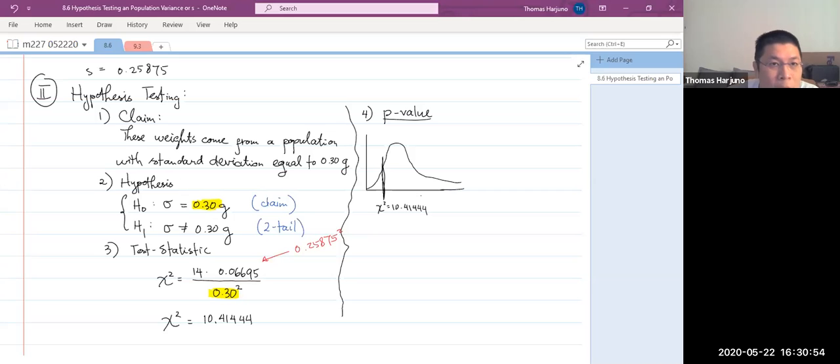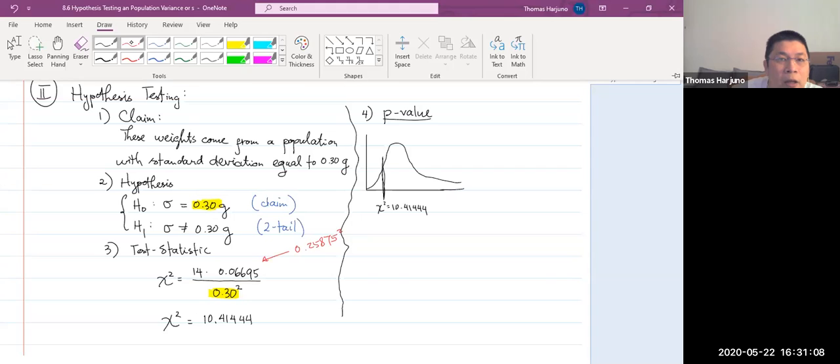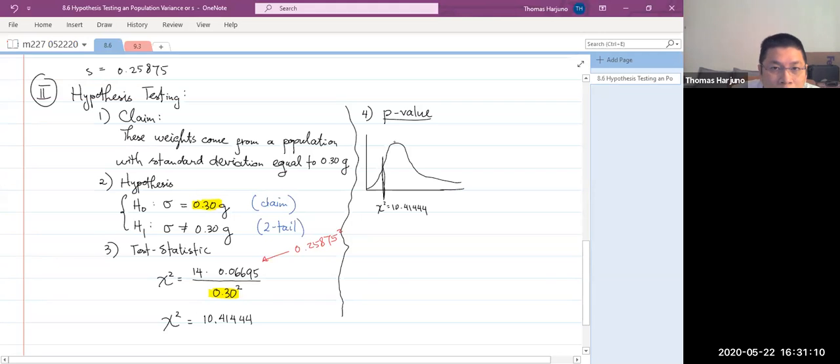But when it comes to chi-square distribution, it is not that clear. How do we know that this chi-square is actually on the left-hand side? The way we know is the following: the peak of chi-square happens at the degree of freedom.